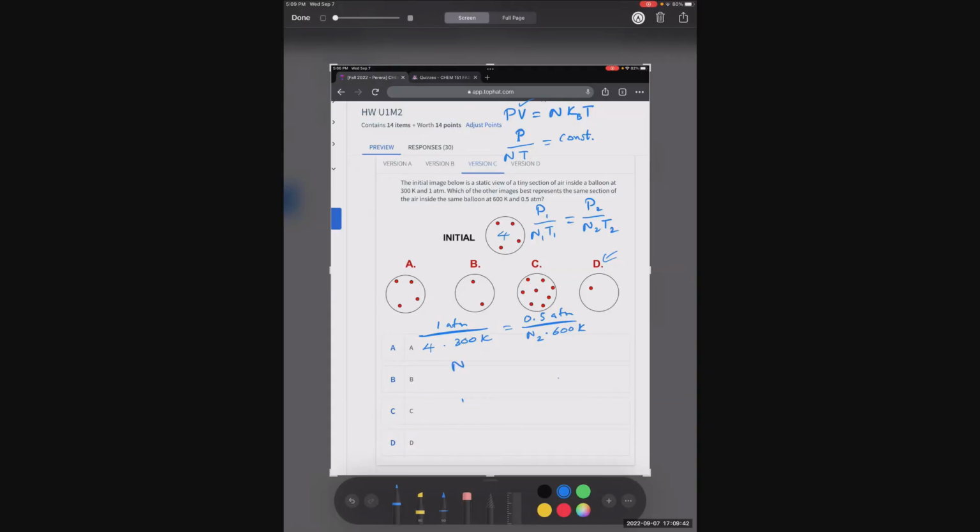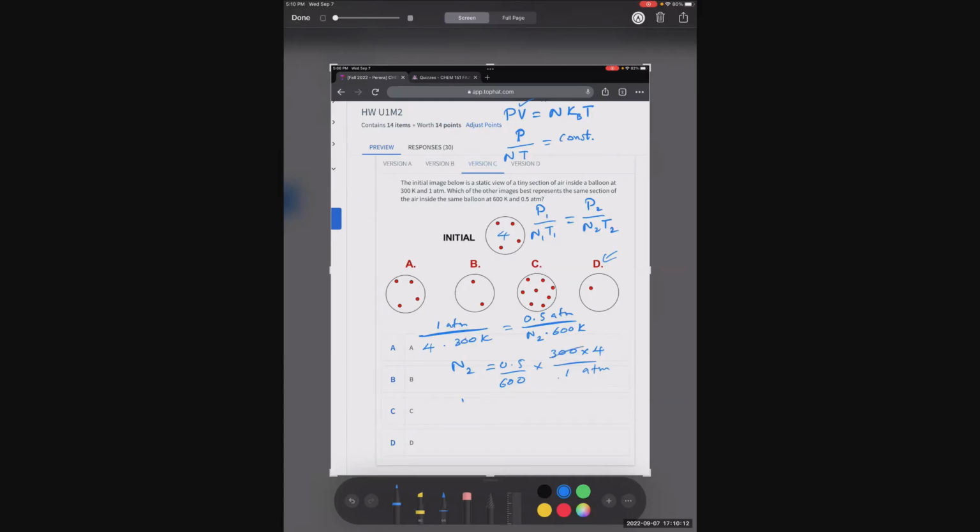Therefore, I'm going to take that to my left-hand side. N2 must be equal to 0.5 divided by 600, because units cancel out nicely, multiplied by 600, times 300 times 4 divided by 1 atm. So what do we get here?